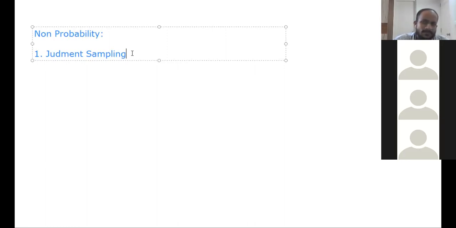Some kind of task I might give you. Now forget about the task, forget about what you have to collect from the heart specialist. But on what basis will you select the heart specialist in your own city? Again you will take your own judgment, you will take your own call. This is what we call judgmental sampling.